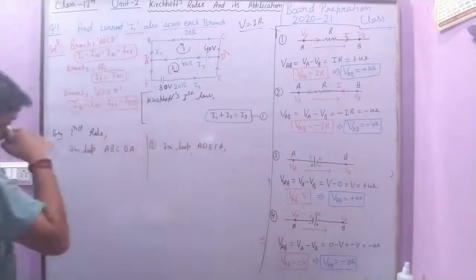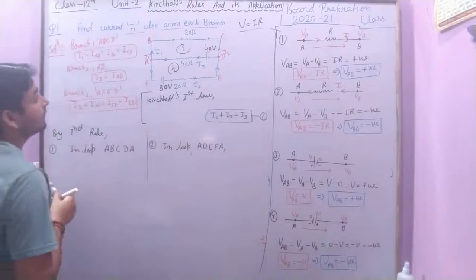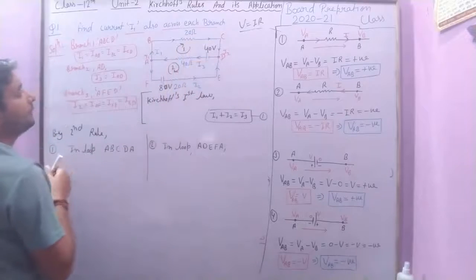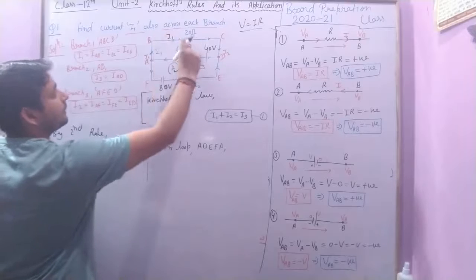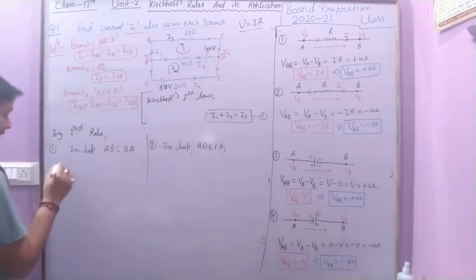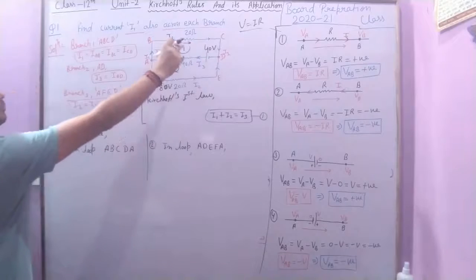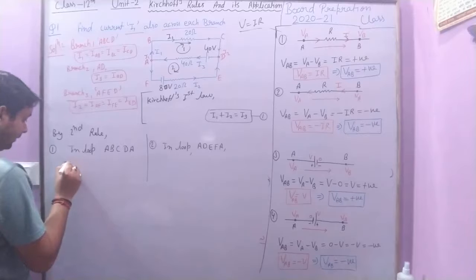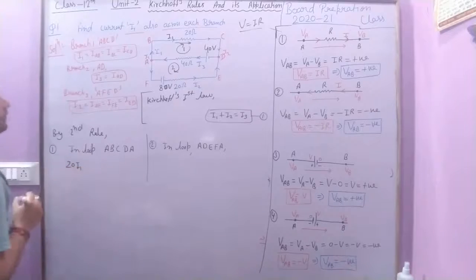Okay, now in the first loop, see, we are moving from A, B, C, D, A. Here we are getting current I1 with a 20 ohm resistor, and the motion direction and the direction of current is the same. So 20 I1.